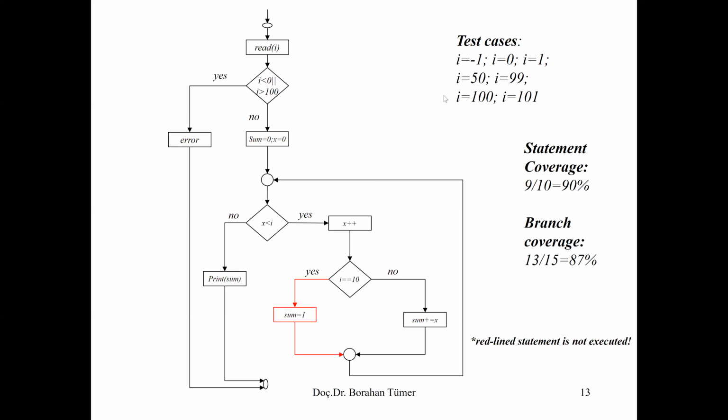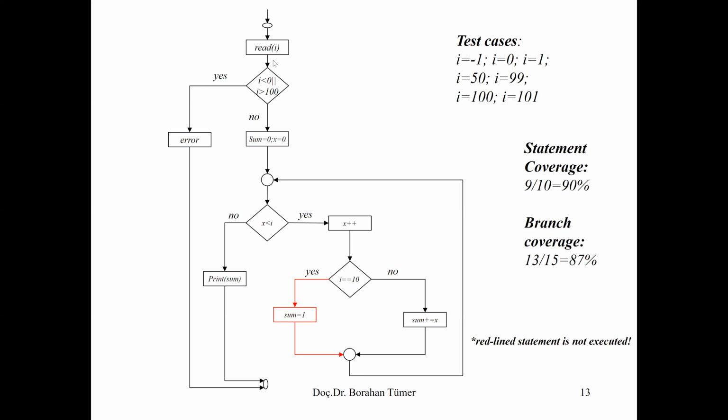Now let's go over what we did last time. Using these, what statement coverage do we get? Using -1, since it lets us through this path, we covered this one, this one, and this one. Using 0, we also covered these.